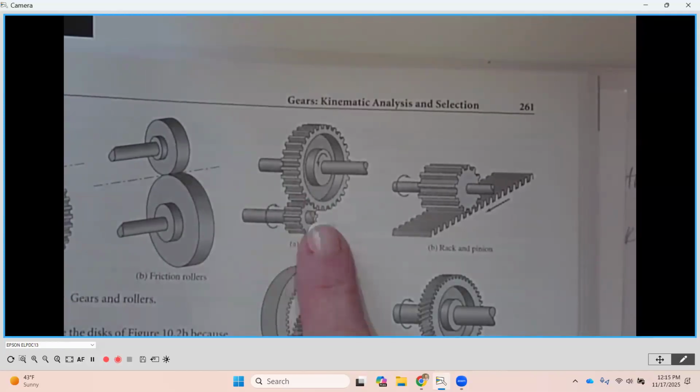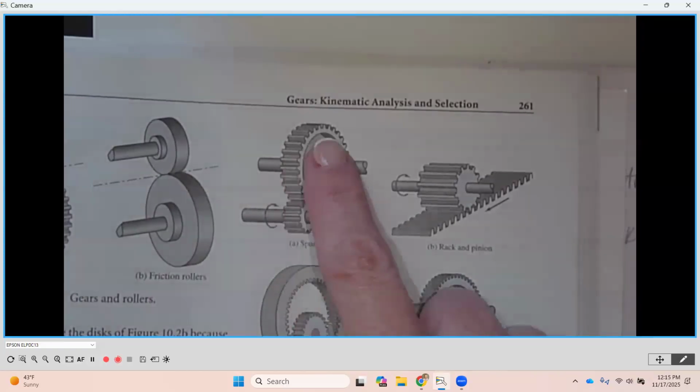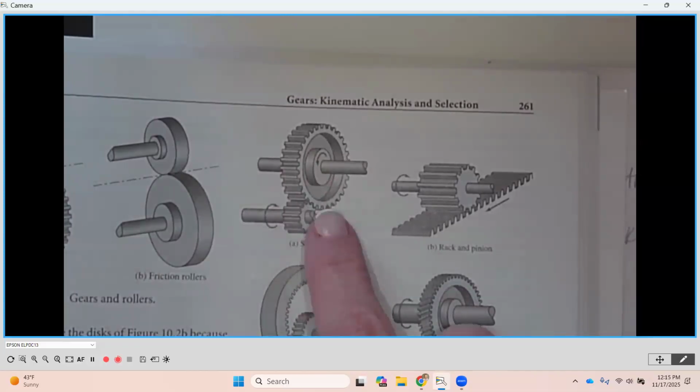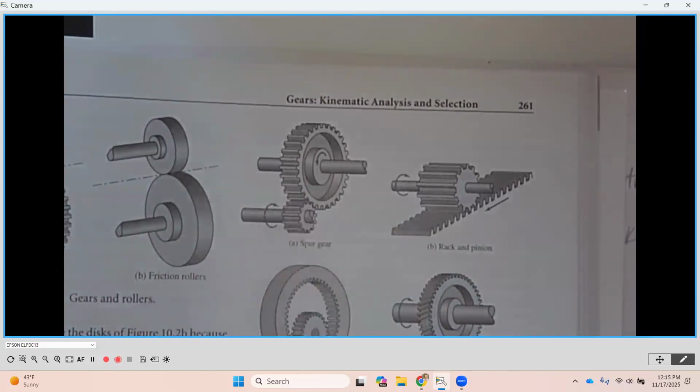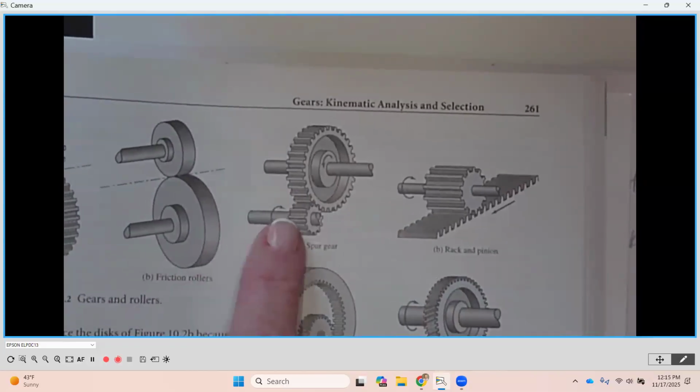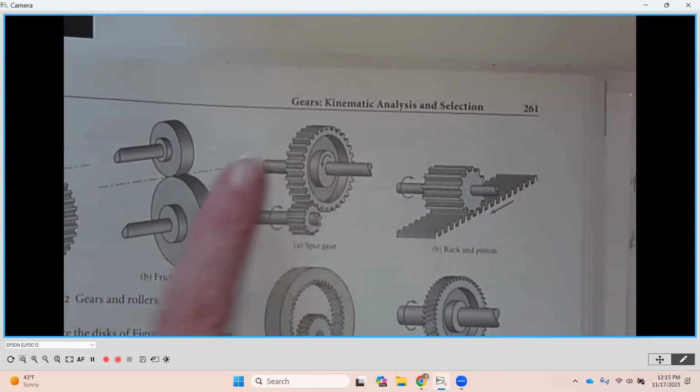And then what happens is the same size tooth, but on a different size gear. So in this case, if we would count the teeth around the outside here, there are obviously more teeth around the larger gear than around the smaller gear. And this allows us to do what we call speed reductions from an input to an output gear.